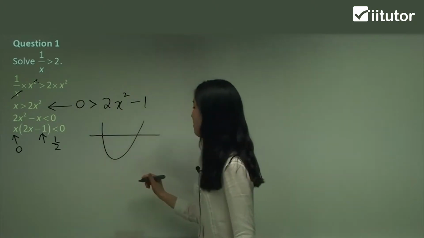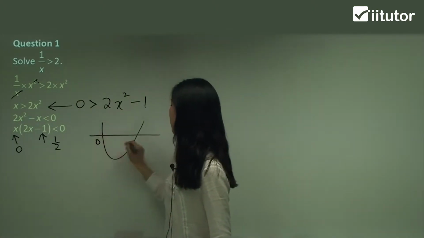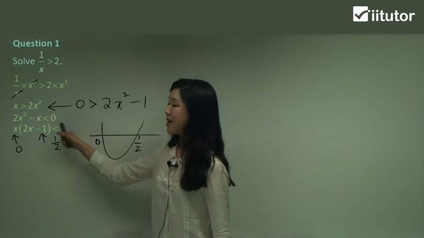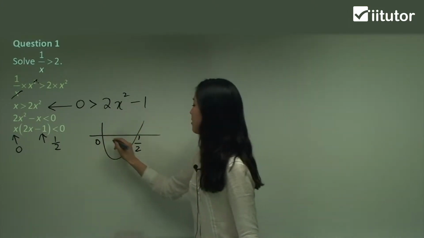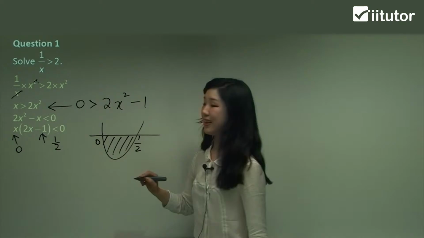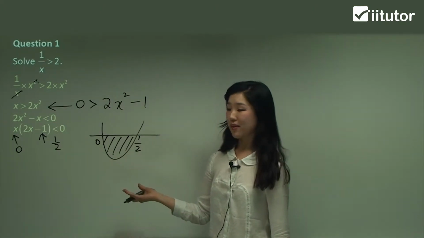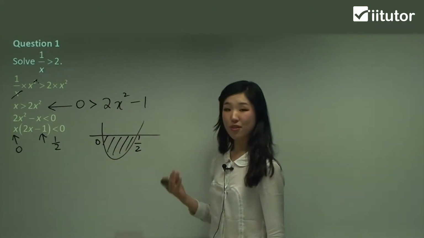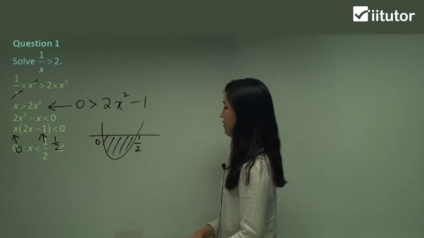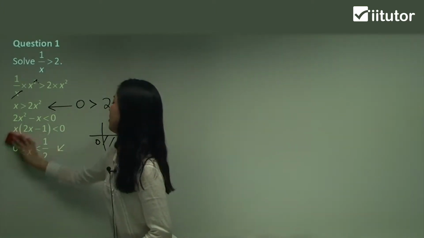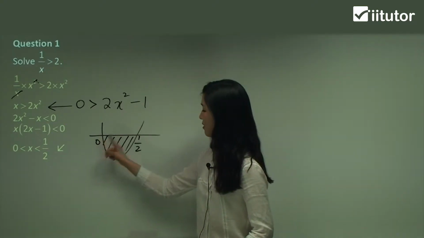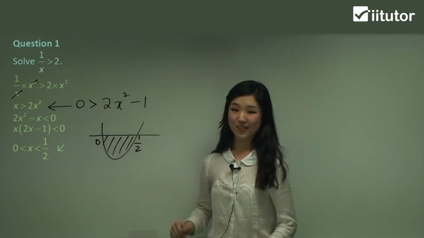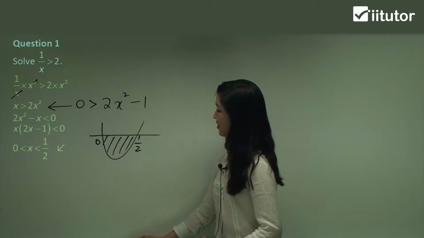Therefore, the intercepts will be 0 and a half, but because it's less than 0, it must be below the x-axis, so it must be here. What inequality would describe that region? It would definitely be this one: x is between 0 and a half. That's my solution. So have a look.